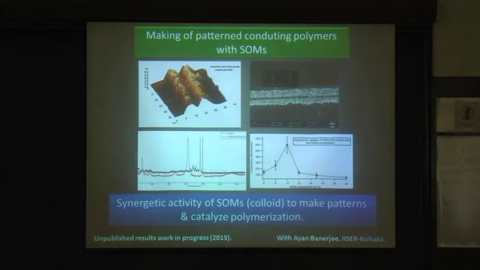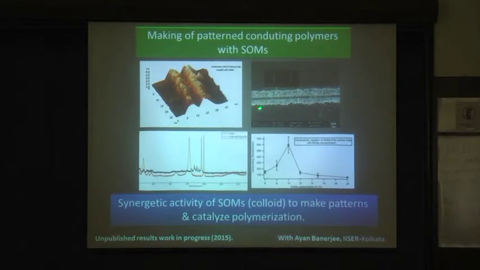We chose pyrrole, and we made these patterns, and you see these are like coil type structures, clearly visible on the AFM. In the Raman spectroscopy, it also seems that we have this material. The red one is the SOM, and the other one is with the SOM and the polypyrrole. And we see a change in the conductance with the loading of the SOM.